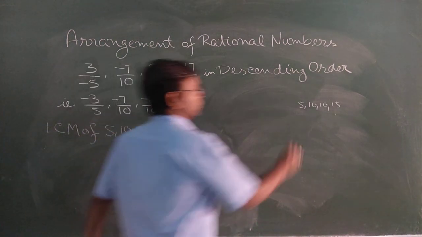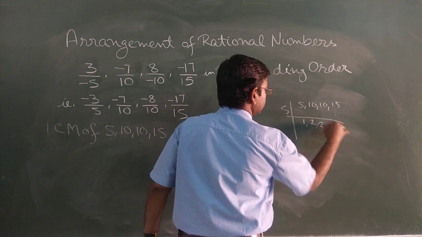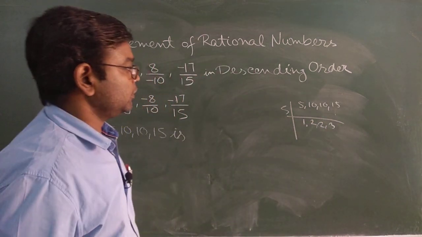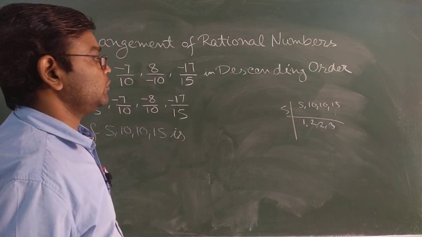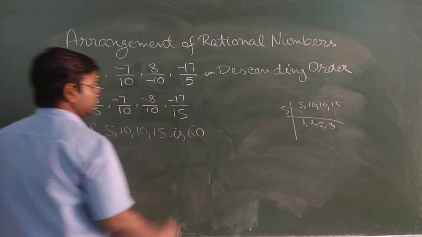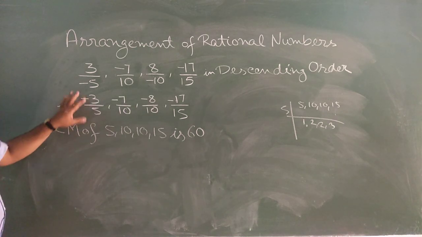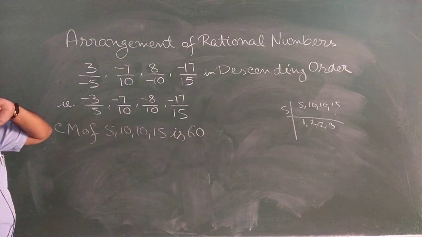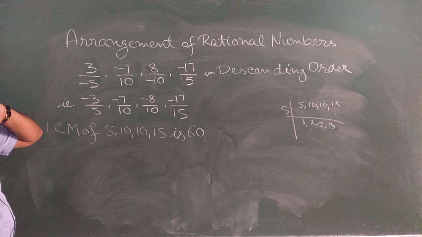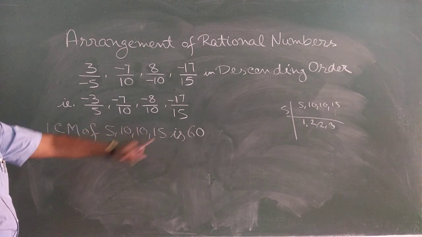You have to continue. So 5 1s are 5, then 2, 2, 3. Clear? 3 2s are 6, 6 2s are 12, 12 5s are 60. So LCM is 60. Clear? Now in this case, we have to convert these fractions into equivalent fractions with denominator 60.